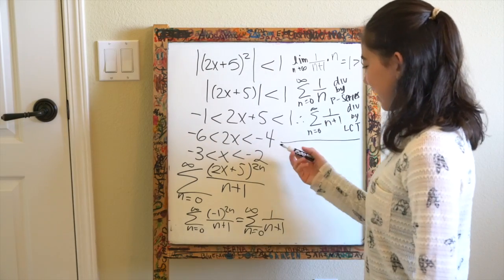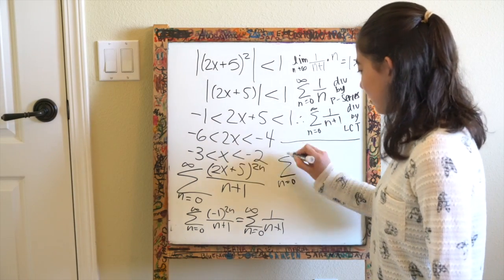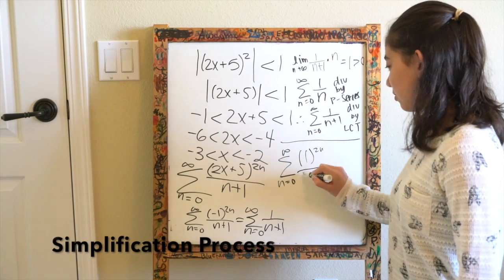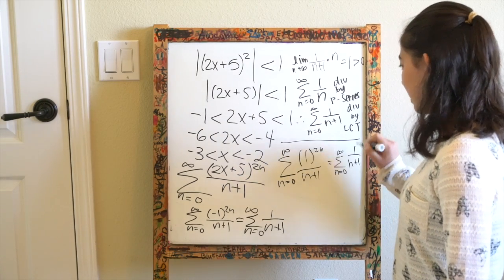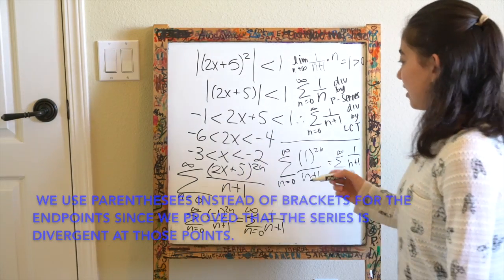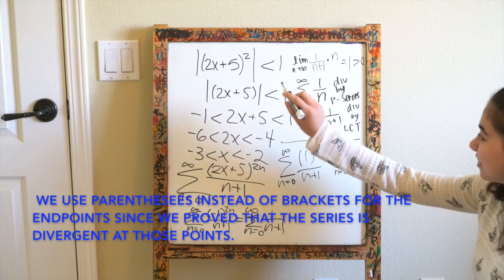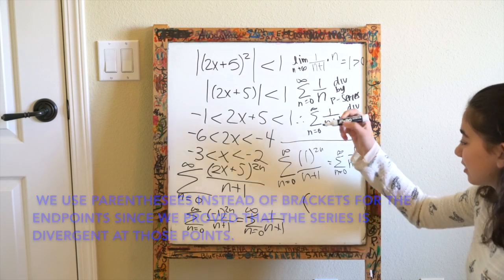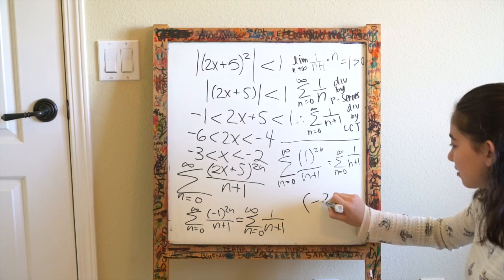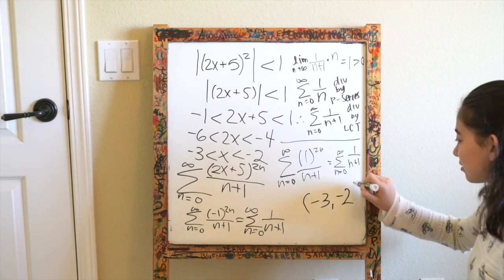So check the second endpoint, which is -2. We know that it also diverges by LCT. So therefore, the interval of convergence for this summation is -3 to -2.